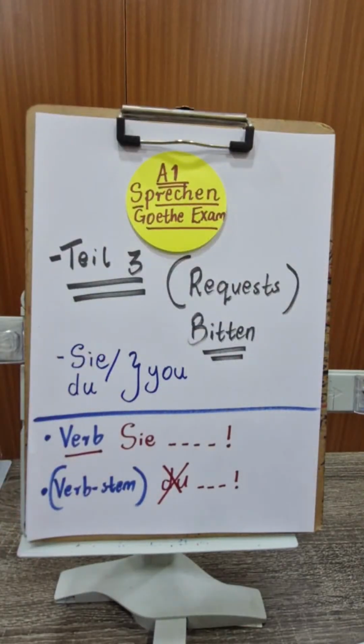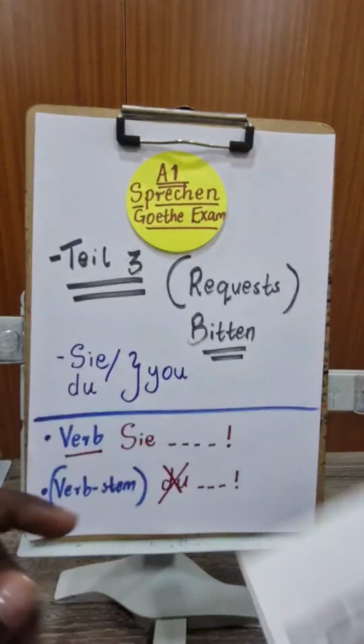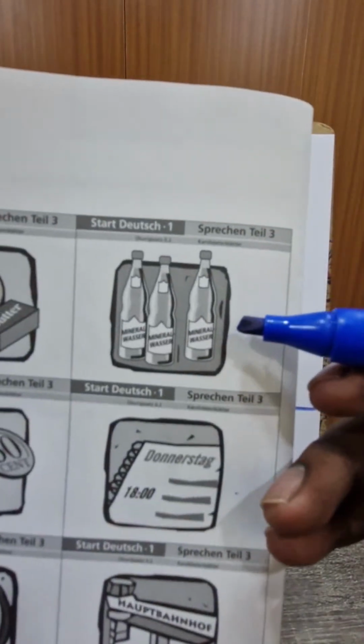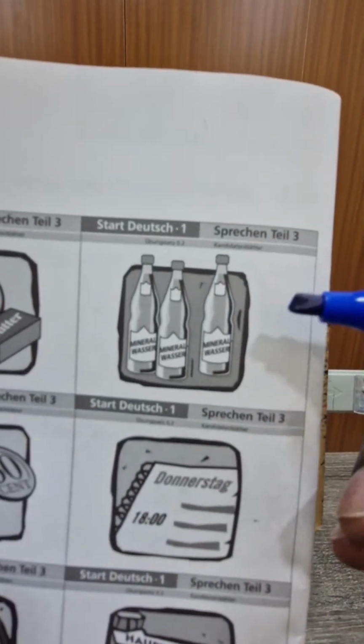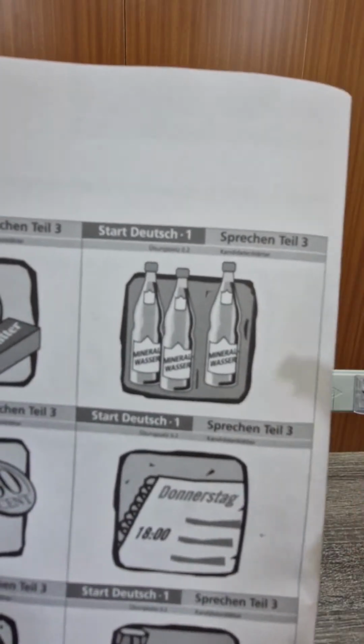Now I want to request somebody with this photo of Flaschen. You want to tell them, please buy me three bottles of water. How do you say it?